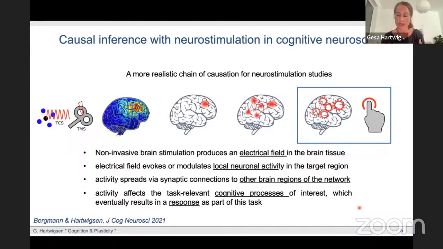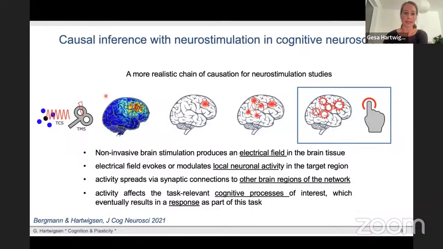For example, if you apply TMS during a language task, then it hopefully affects the language task, which eventually results in a response as part of the task. So what I want to illustrate with this is that the simple perturbation directly affecting the output is much too simplified. There is a long chain of processes in between.